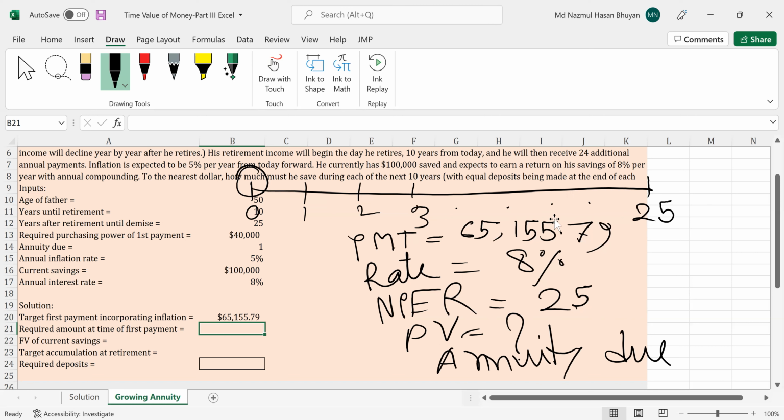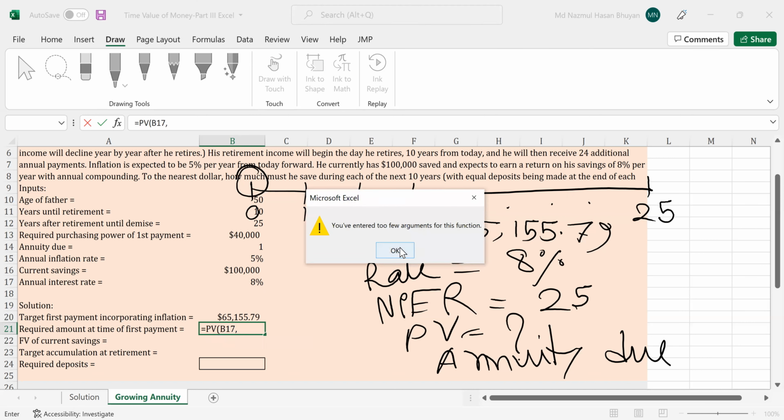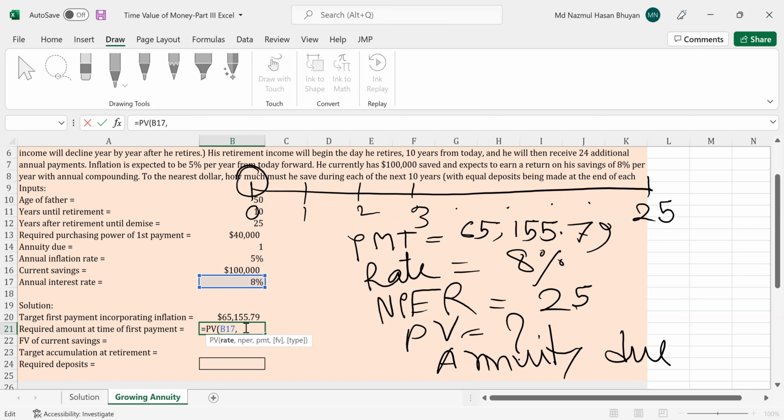Right. So let us do it now. So equal present value. Then rate 8%. NPER here is 25. Next, PMT.